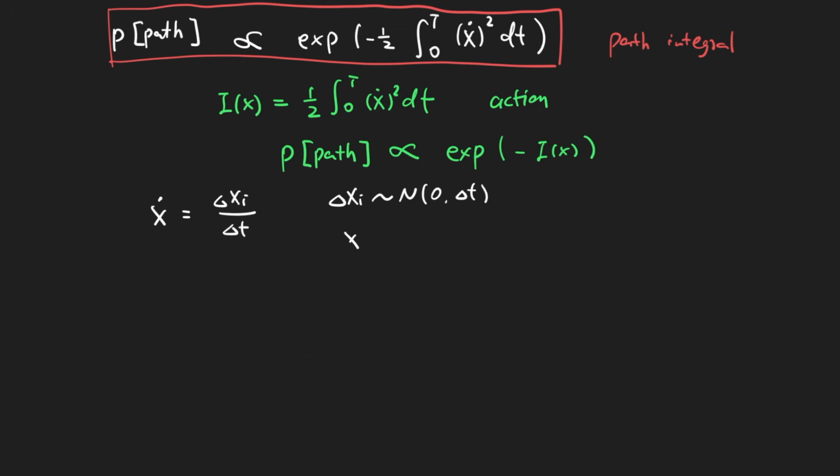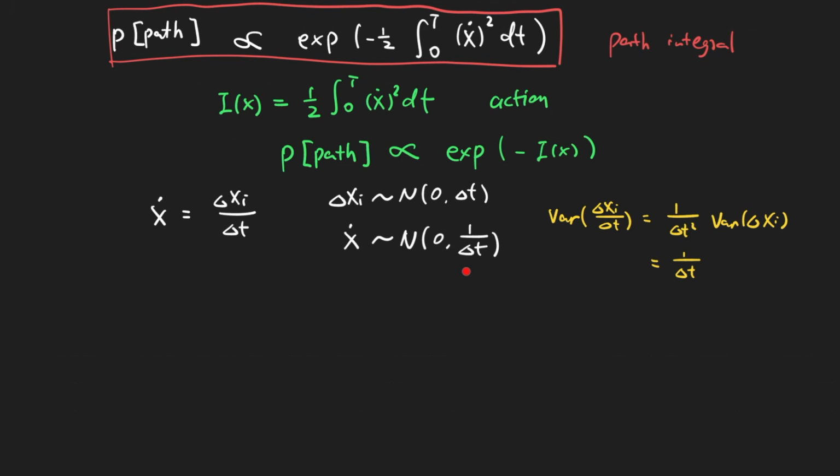Then the distribution of x dot will be normally distributed with mean 0 and variance 1 over delta t. This is because of the property of the variance. So the variance of delta x_i over delta t equals 1 over delta t squared times the variance of delta x_i, and that equals 1 over delta t.